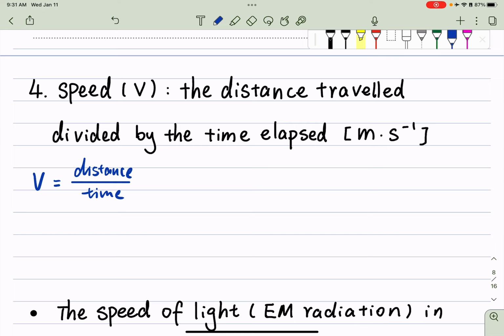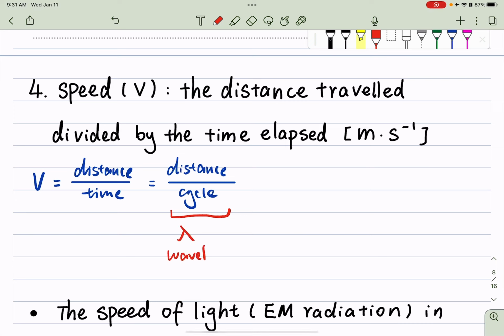For waves, remember we talked about before that wavelength is distance per cycle. So that's my wavelength. And then we have cycles on the top, cycles per time, and this is my frequency.